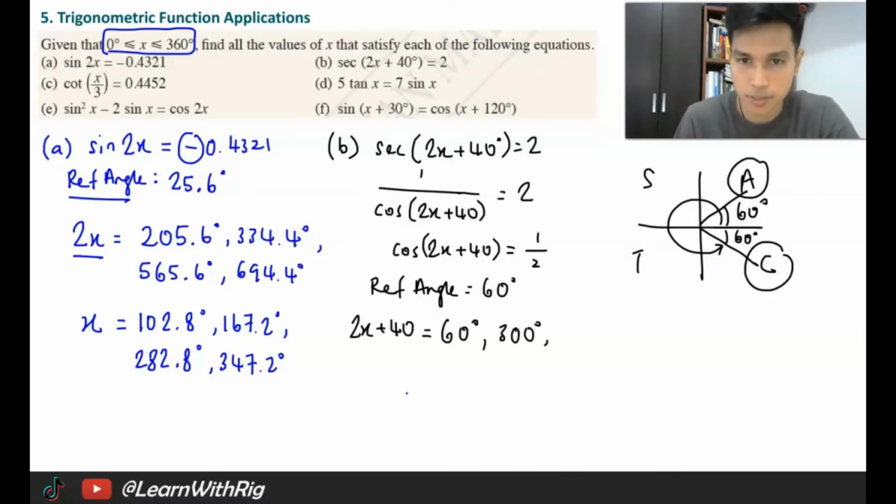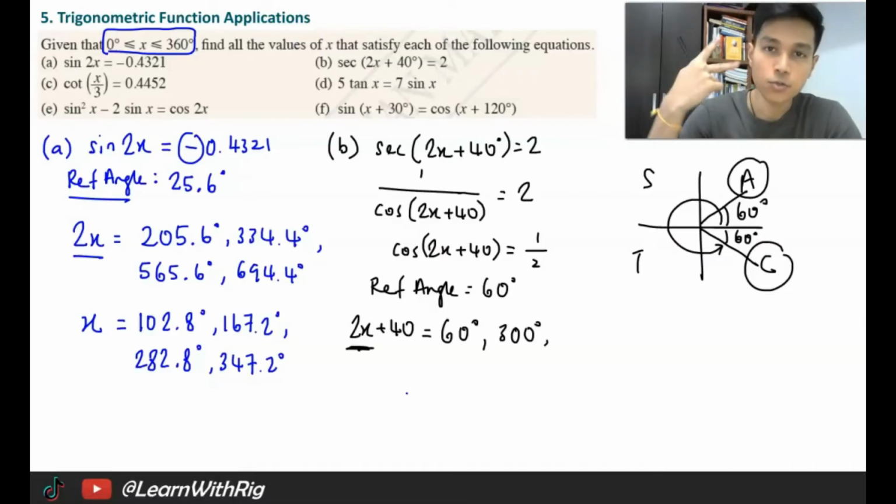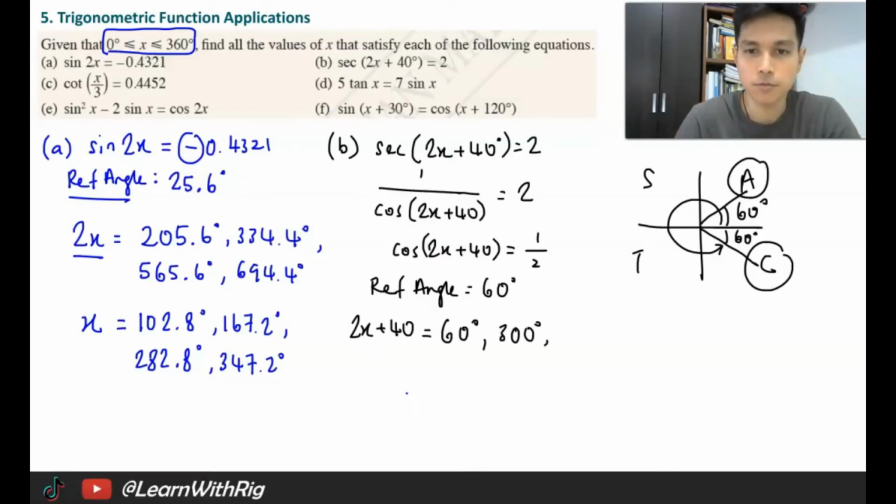Are you going to just stop here? No, because you see there is still 2x, so that means there are 2 cycles, so you have to plus 360 for each of these. So 360 plus 60, you get 420, and the last one is 300 plus 360, 660.